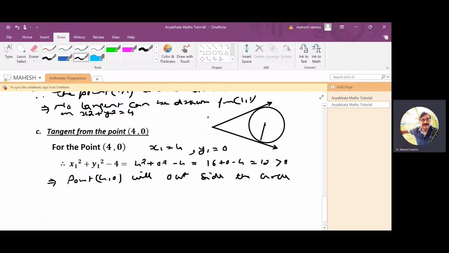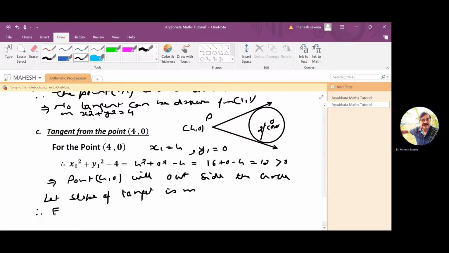Suppose this point P is 4, 0. And the center of the circle O is 0, 0. And radius of this is 2. Now let slope of tangent be m.